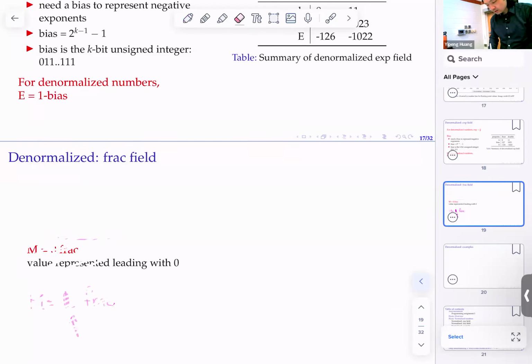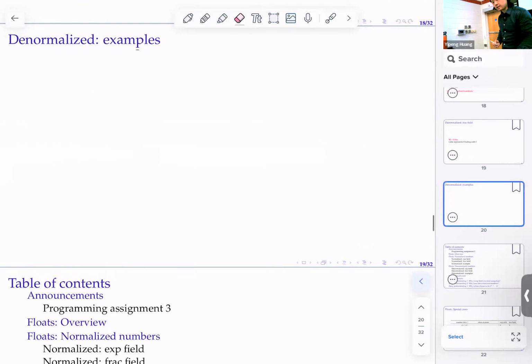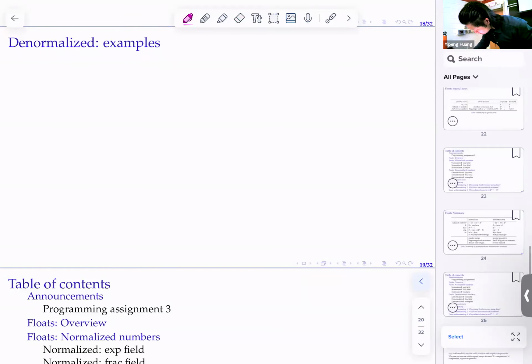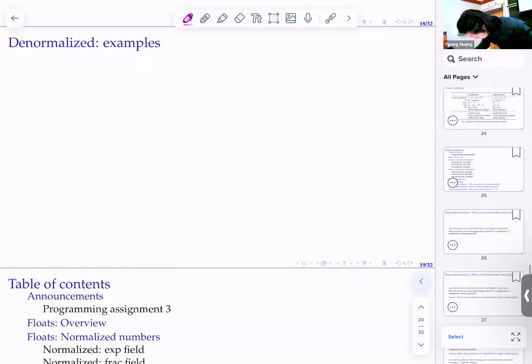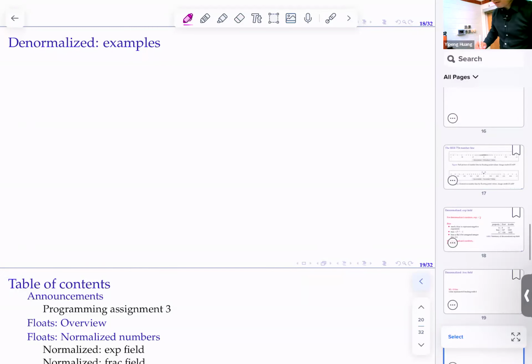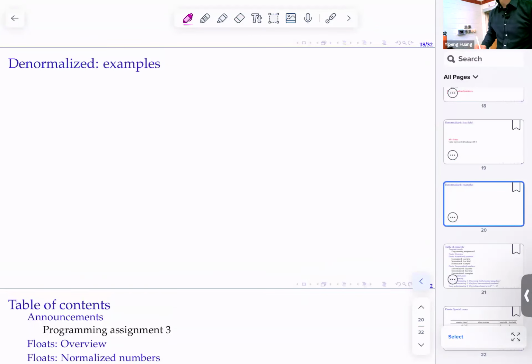So with that, let's explore these rules. What I'm going to do now is a fun little exercise where we explore the entirety of the number line. Let me pull up one piece of information that I need. Okay, so the format that I'm going to define now will be used to recap both normalized numbers and denormalized numbers.